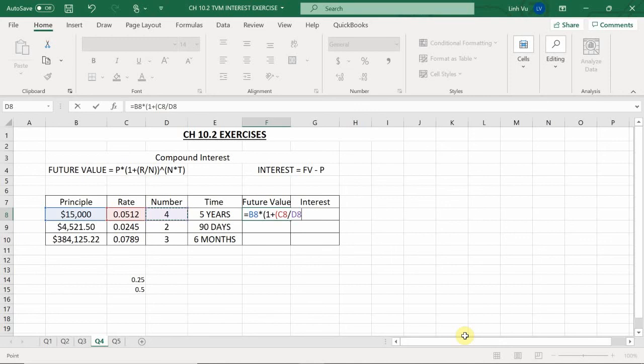In this case, it's compounded every 3 months, so 4 times, quarterly. Going to end that parentheses twice. You have your caret, open parentheses, 4 times 5, because it's 5 years. End your parentheses. And what is your future value for the very first example?